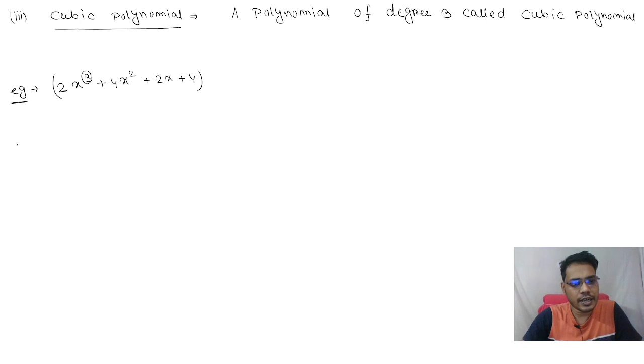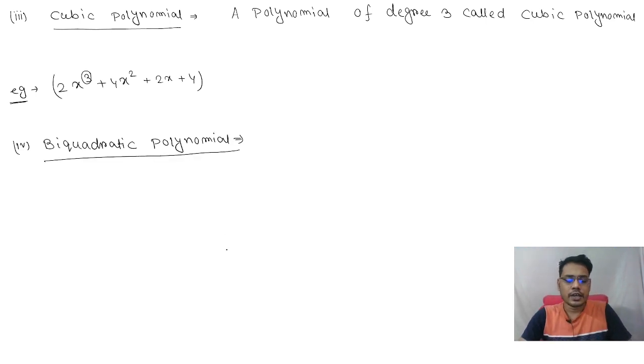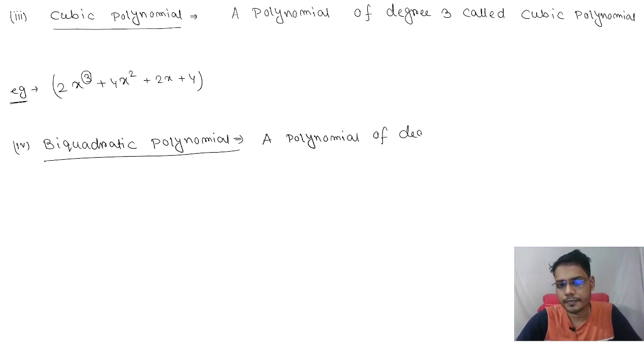Now we will learn about the biquadratic polynomial. What is biquadratic polynomial? A polynomial of degree 4. So when a polynomial has degree 4, it is called biquadratic polynomial.